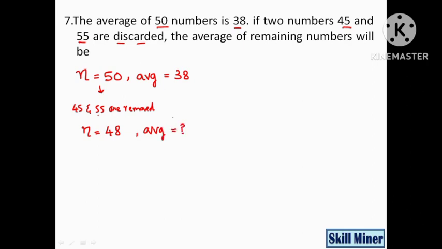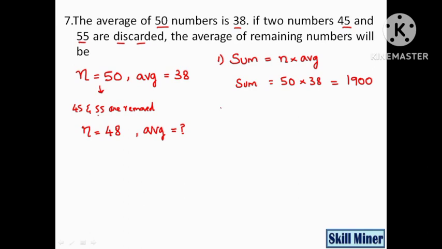For this, follow the steps, guys. First step is to find the sum. Sum will be n into average, which is equal to n is 50 into average 38, which is going to give me the value 1900. This is my sum.